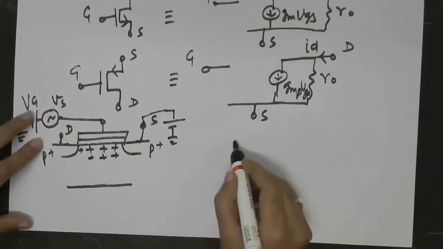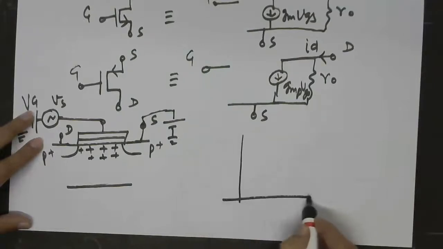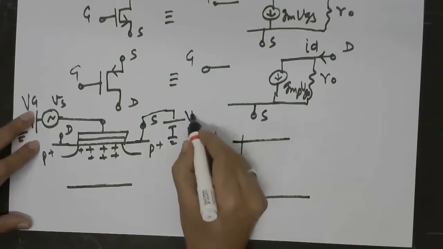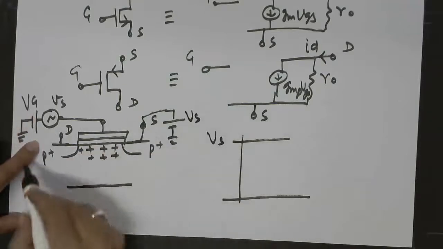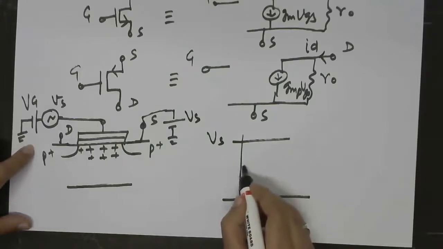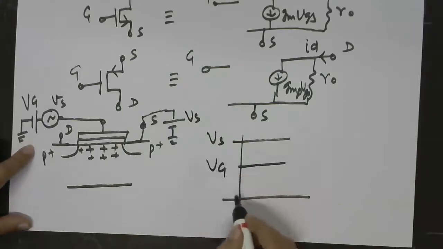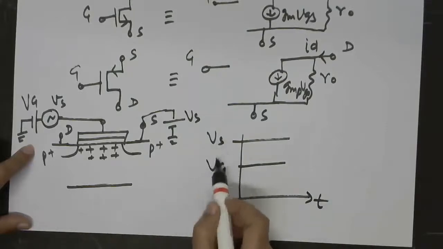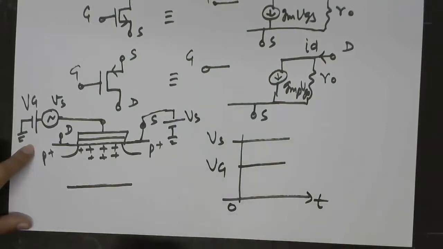So what we have here is a condition like this, that we have here source voltage Vs, which is the largest voltage available in this circuit, and then we have here gate voltage, DC voltage. So I have shown these two voltages with respect to time.